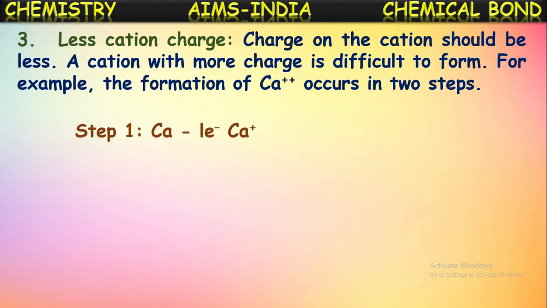First step is formation of the Ca+ ion. When a calcium atom loses one electron, it forms the Ca+ ion. In the second step, the Ca+ ion formed already will lose one more electron and form the Ca2+ ion. In this way, in two steps, the Ca2+ ion is formed. First, one electron is lost by calcium and then the second electron.